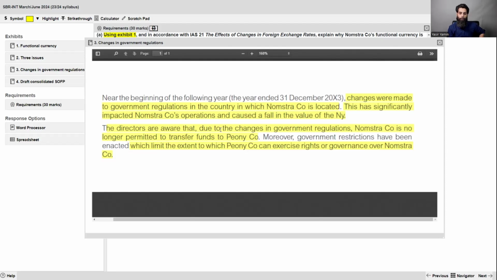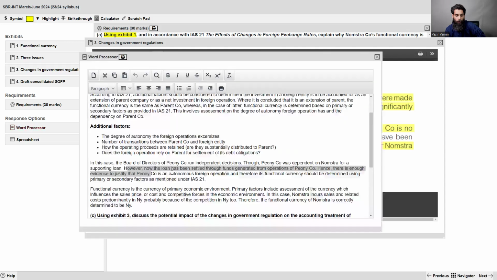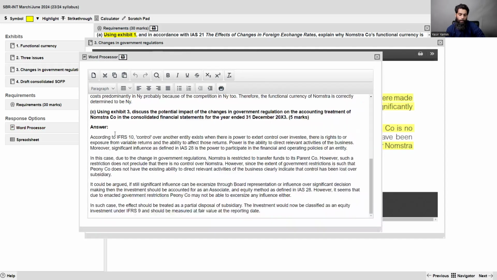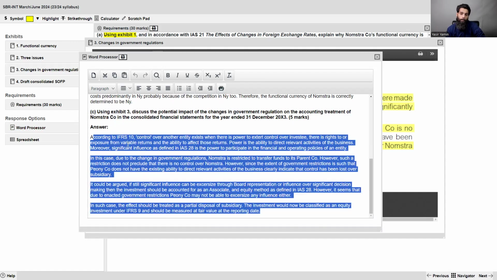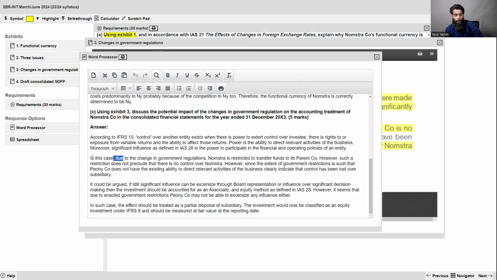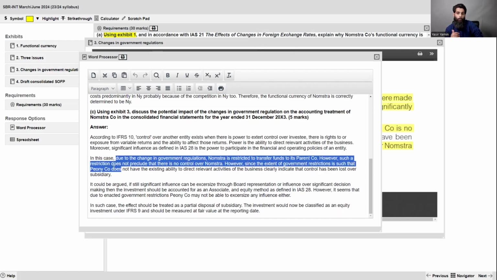All right. So guys, like always, I have written a very short answer for you regarding exhibit number 3. This is all what we have discussed. First of all, I tried to explain what IFRS 10 and IAS 28 are. And then I linked the accounting standard with this case, saying that control has been lost because there is no governance role.